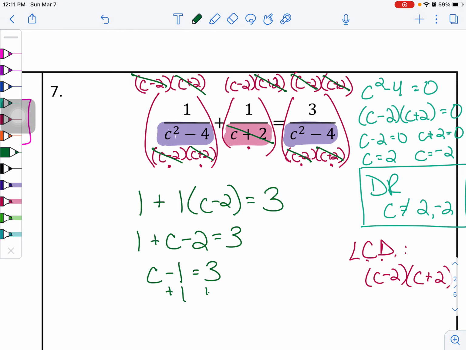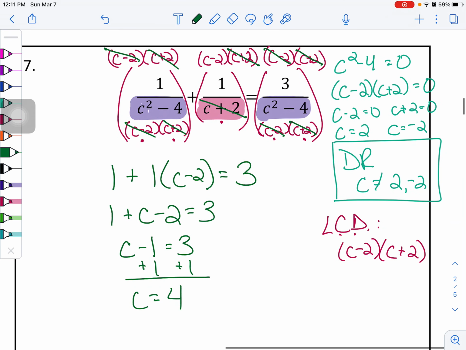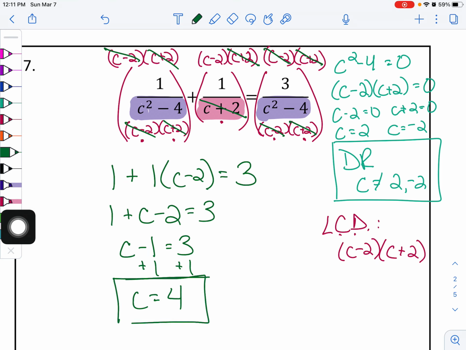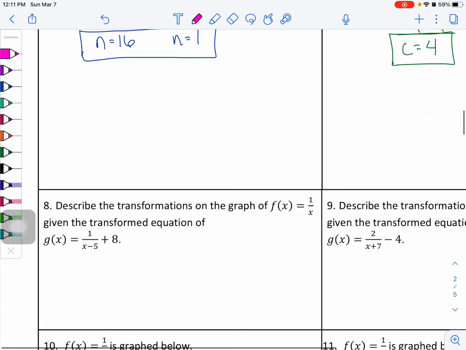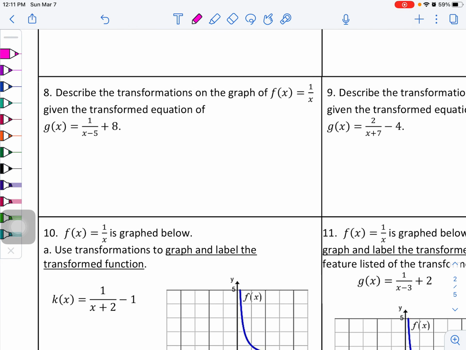All right, so if I clean up the left side here, it's going to be c minus 1 equals 3. 1 minus 2 is negative 1. All right, so I'm going to add 1 to both sides. So c equals 4. Quick double check, c equals 4 is not one of my domain restrictions. So there's my answer. My domain restrictions are off to the side. So problem number 7 is done.